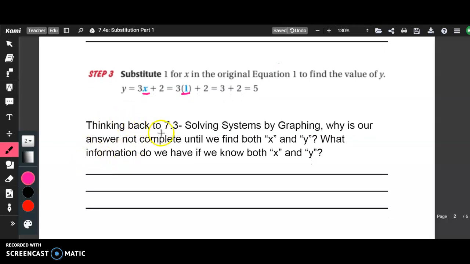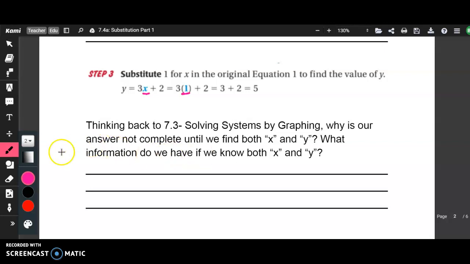Thinking back to lesson 7.3, solving systems by graphing, why is our answer not complete until we find both x and y? Or think about it this way: what information do we have if we know both x and y? Well, in 7.3, we were graphing 2 lines and finding their intersection point.